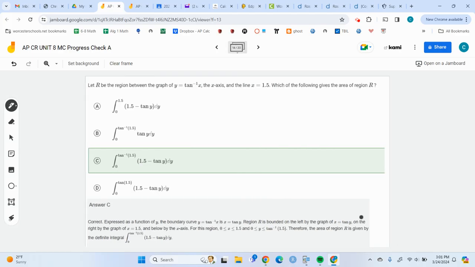Okay. This one's kind of interesting. Let R be the region between the graph of this, the x-axis, and the line x equals 1.5. Oof. Okay. So I'm not sure how many people know what tan inverse of x looks like. Let's remember what tangent looks like.